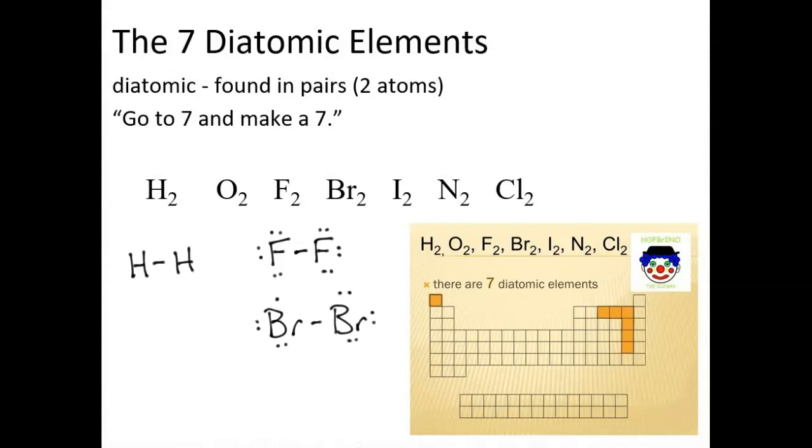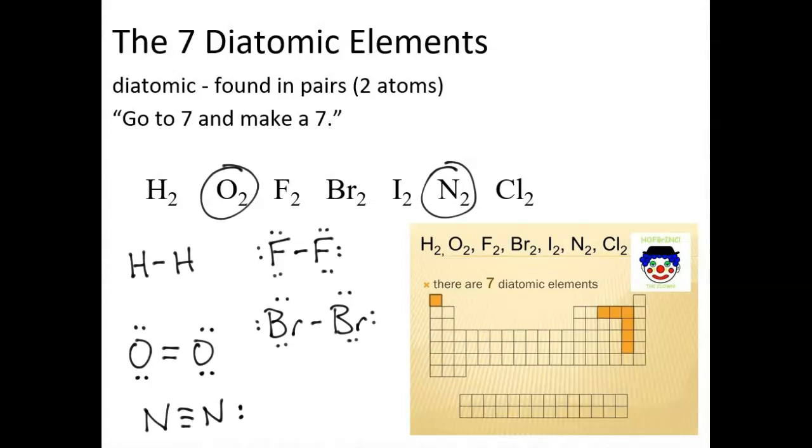But there are 2 of the diatomics, oxygen and nitrogen, that do multiple bonds to form their diatomics. Oxygen makes double bonds, and nitrogen makes triple bonds when it's found in nature as the diatomics, while all the others are going to do single bonds. And that's our lesson for today.